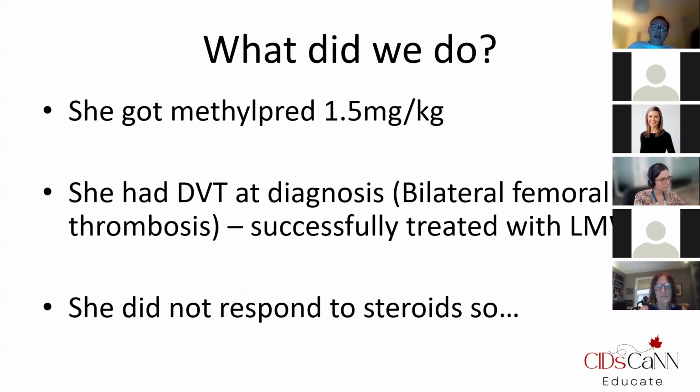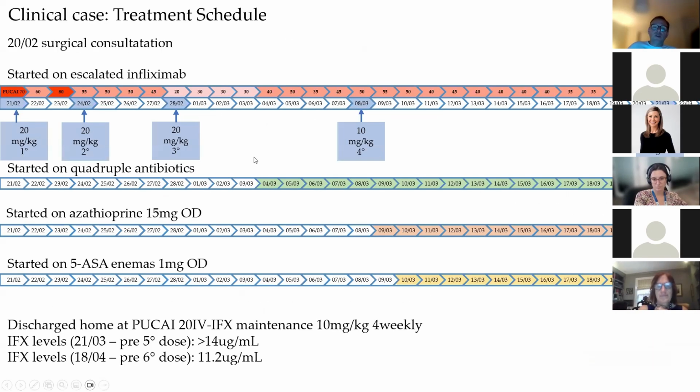And surprise, surprise, as we thought, she wasn't likely to respond to steroids, and she didn't. So I don't think it's controversial to say that she got infliximab next. I think most of you would go to infliximab next. Next slide. But I just want to show you exactly how we did this.